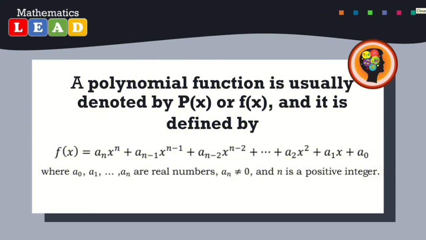All those a's are real numbers. The leading coefficient, a sub n, is not 0, and n is a positive whole number. Okay, so this might be complex for you, but don't worry about memorizing this. What's important is the pattern of decreasing powers of x. Okay? Alright, let's move on.